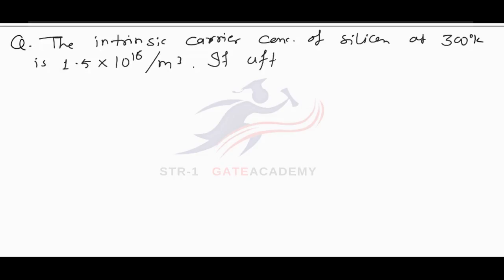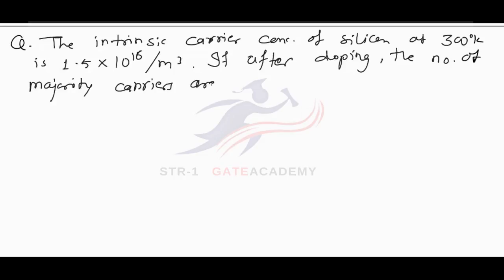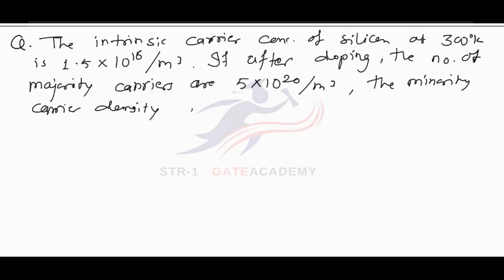If after doping the number of majority carriers is 5 into 10 raised to power 20 per meter cube, the minority carrier density is?